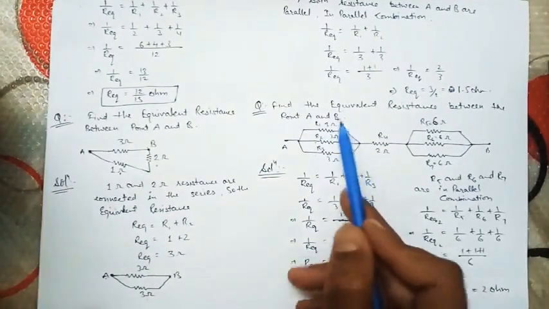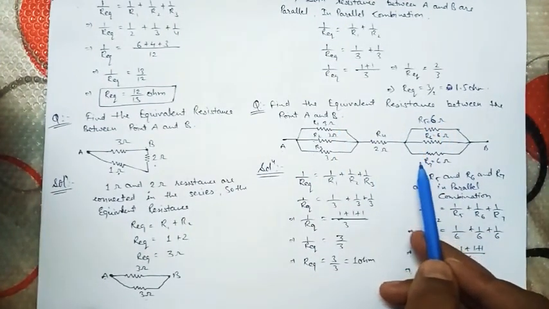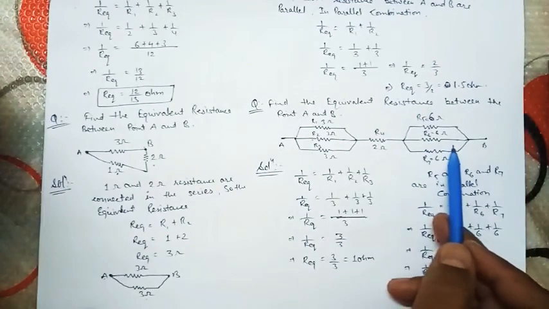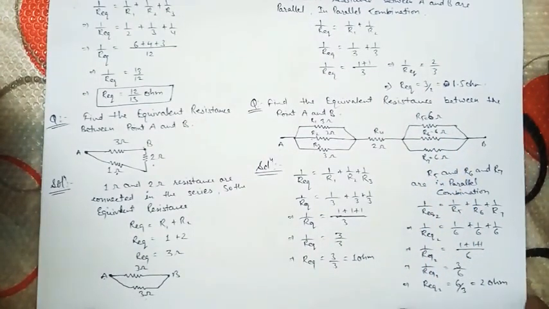Now we have the equivalent resistance of this circuit and the equivalent resistance of this circuit. Now we put in the values and redraw the diagram.